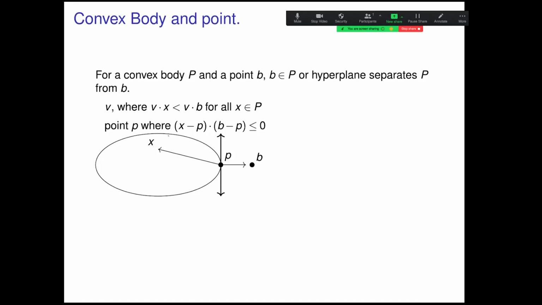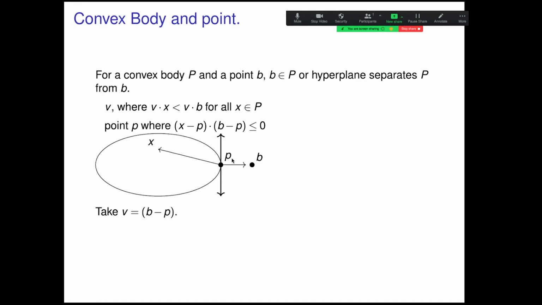Is that okay? Okay, so B minus P is this vector. What point in the convex set should you use for this vector so that this vector, the normal, defines the hyperplane that separates it? This boundary point? Yeah, the closest one. Okay, great.